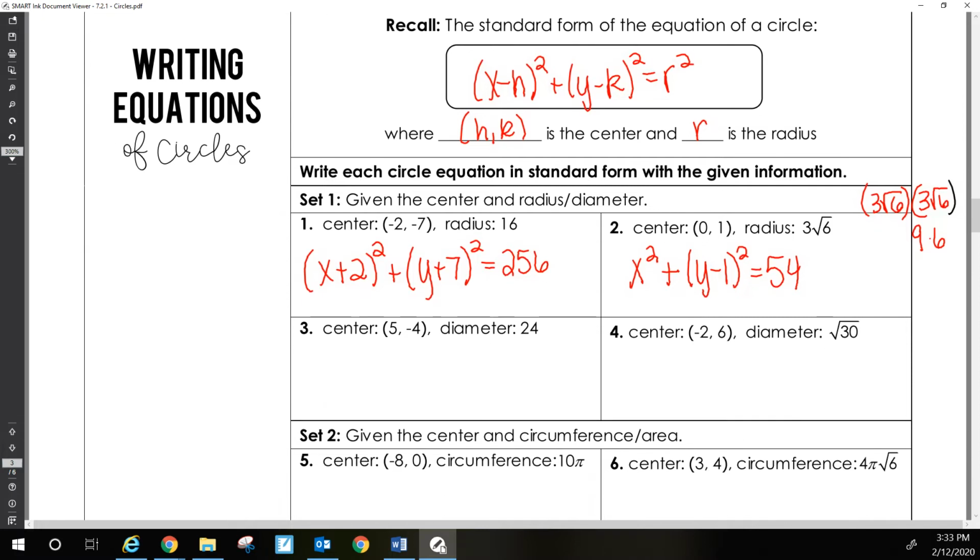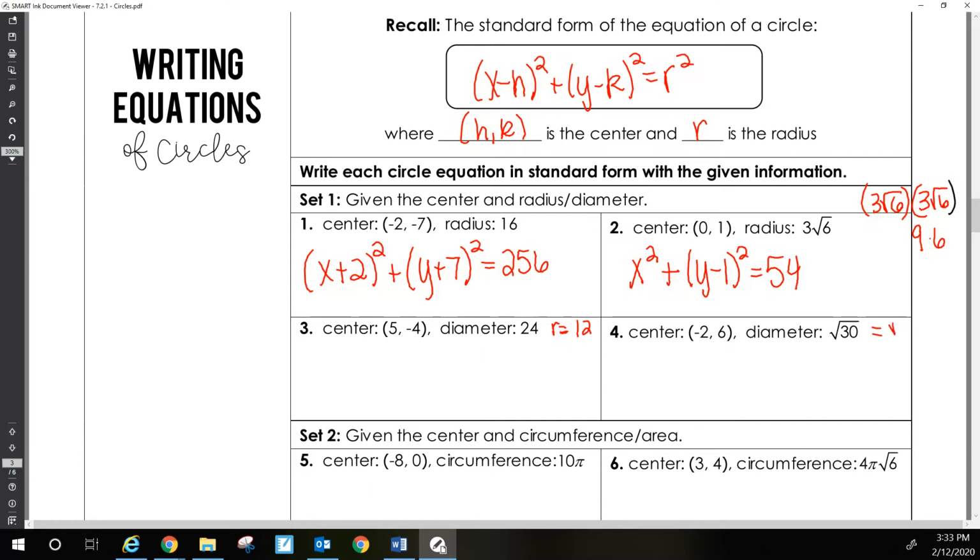All right, number 3 and 4, they're trying to trick us, right? Because they're giving us a diameter. From the diameter, what can we find? Radius, because diameter is the full chord across the circle. Radius is just from the center to the edge of the circle, so it's half of your diameter. So half of the diameter here would be 12.